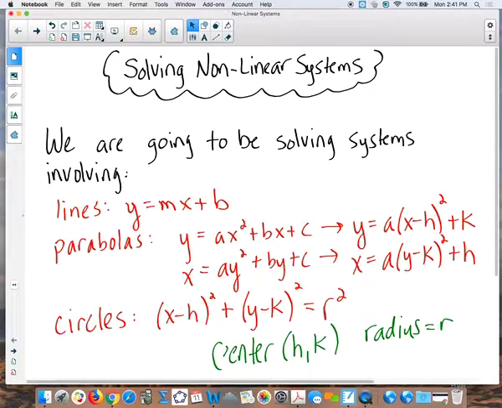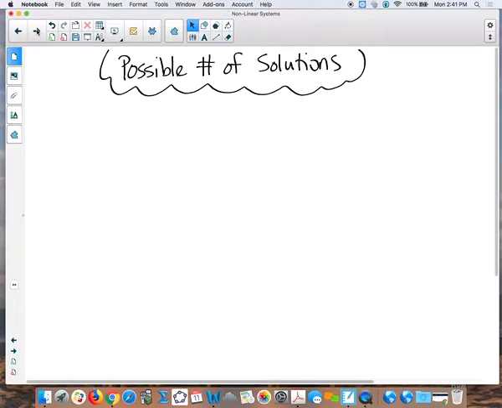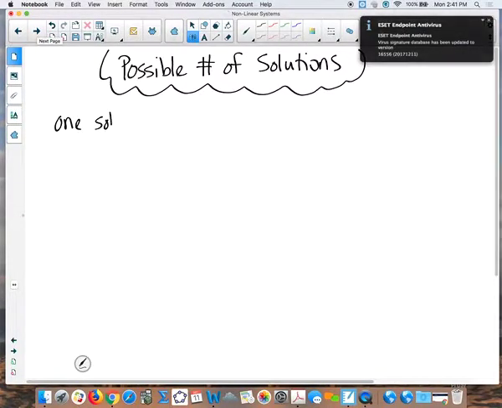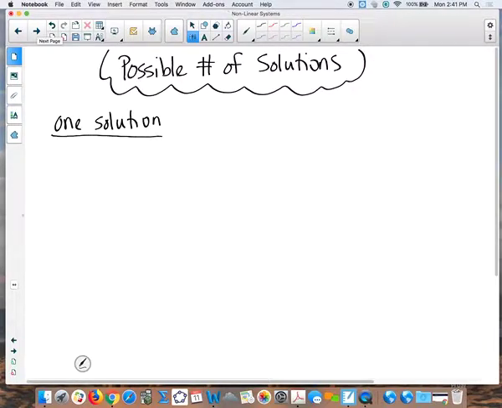All right, so when we're looking at nonlinear systems, there are different possibilities for how many solutions there could be. So for example, there could be one solution. Just try to picture for a minute what one solution might look like. It could be a circle and a line.